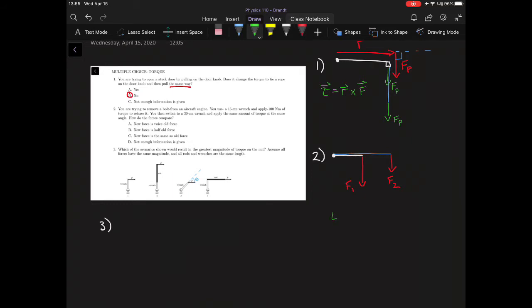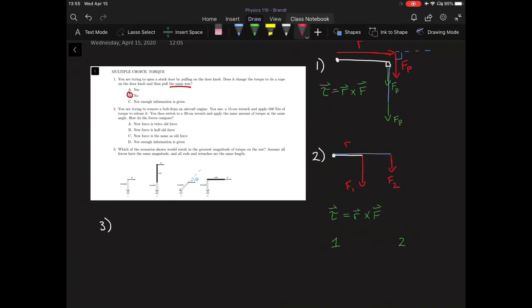So once again, we're looking at torque is R cross F. If we look at 1 and 2, we'll write it this way. Let's label this really quick.